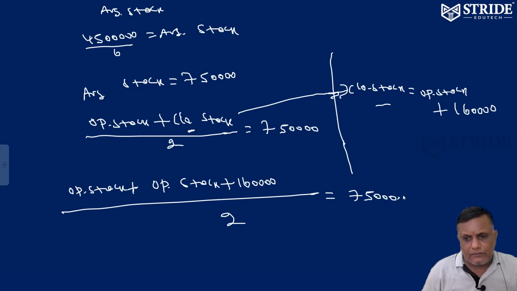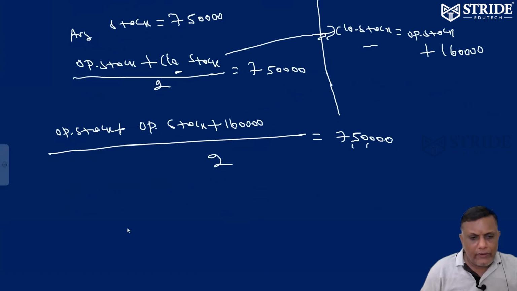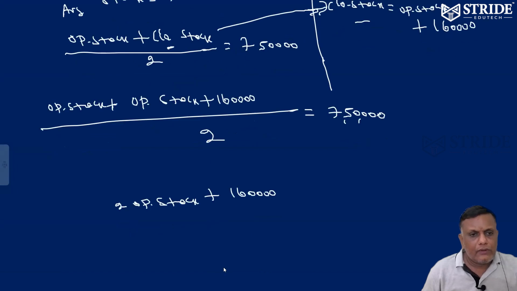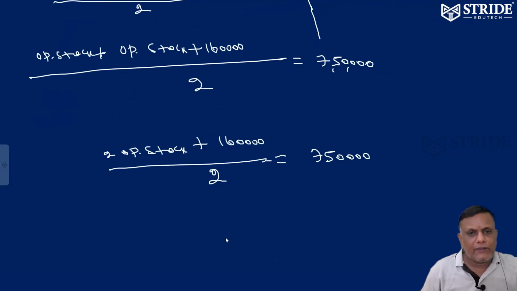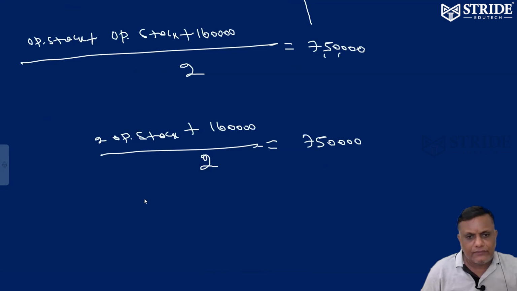That is, 2 times opening stock plus 1,60,000 by 2 is equal to 7,50,000.